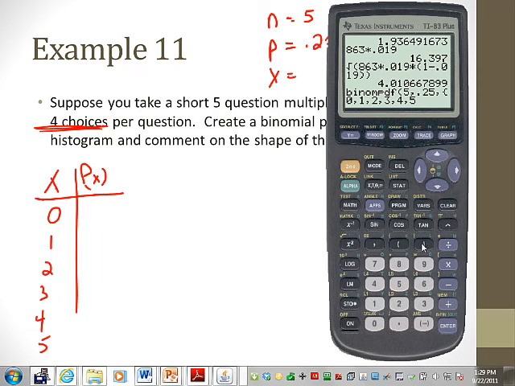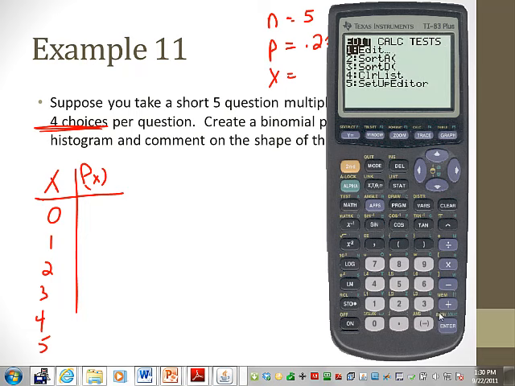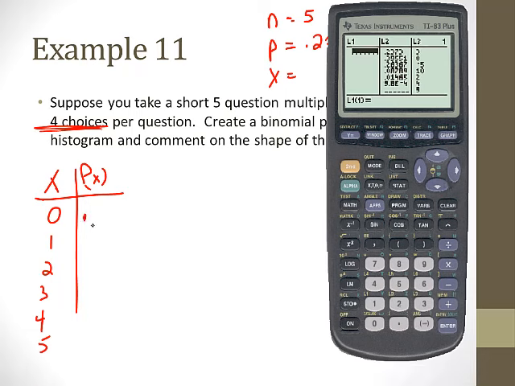And I'm going to store it this time in L2, and I'll show you why in a second. So let's pop this in L2. There they are. So if I go to stat, edit, let me clear out L1. It's not in L1, I put all those in L2. So 0 is 0.24, 1 is 0.40, we'll say. 2 is 0.26. 3, let me just go ahead and put my values in here so I can keep up with that.